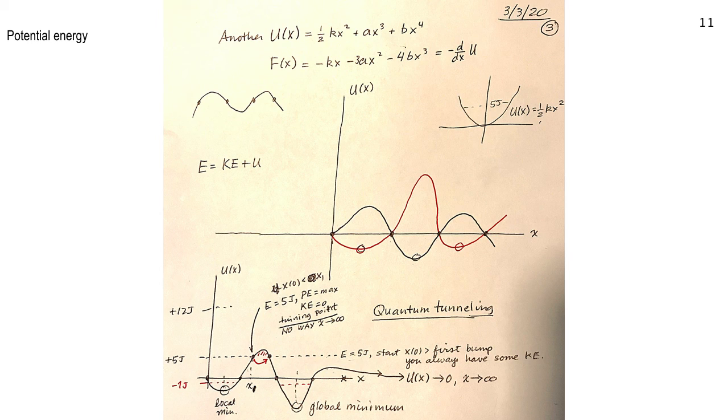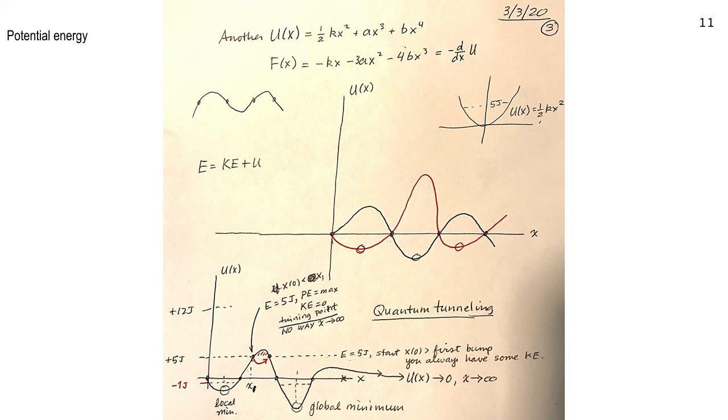If your initial condition is over here, you're going to oscillate between right about here. This is your turning point in the motion. You can't get over this hill in the potential. So right here, if E is equal to 5 joules, total mechanical energy, this is where your potential energy is maxed out.